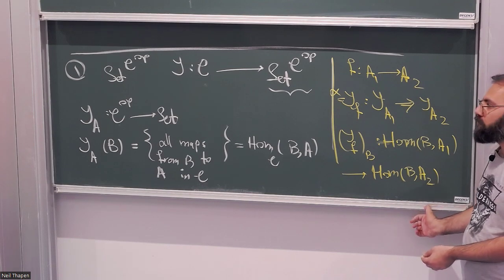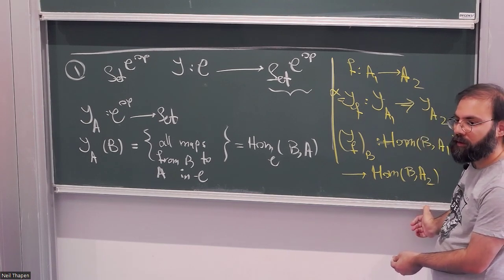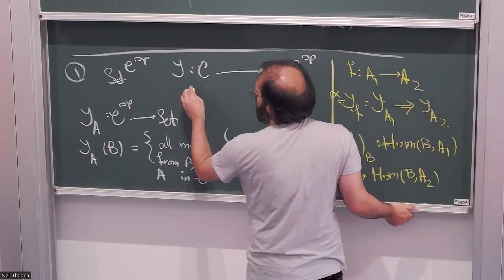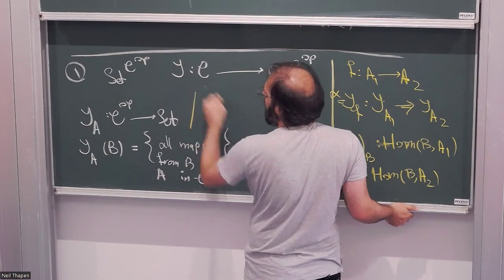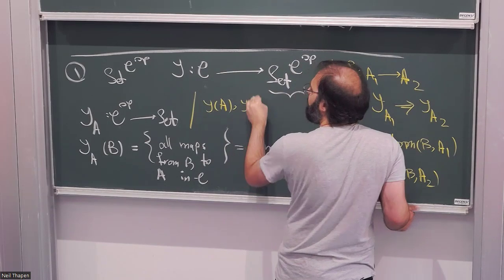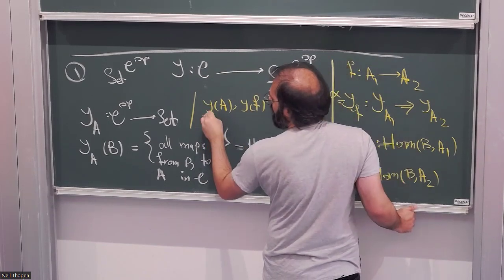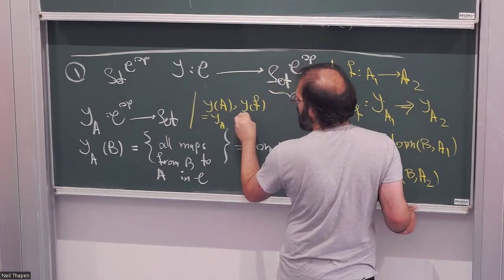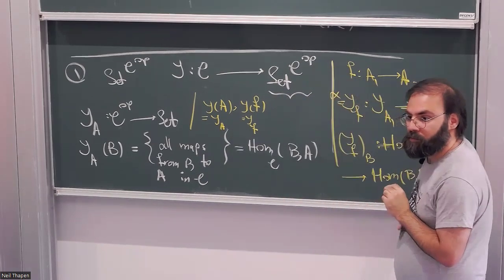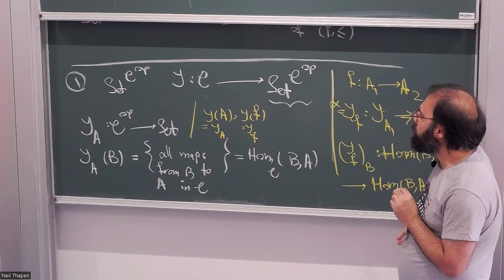So starting with Y, and then Y sub A. I have to define Y on object A and on morphism F, right? You denote by Y sub A the object. Then Y sub A of B is what?